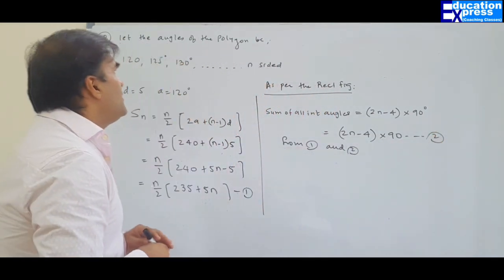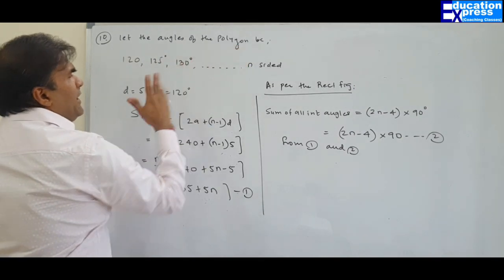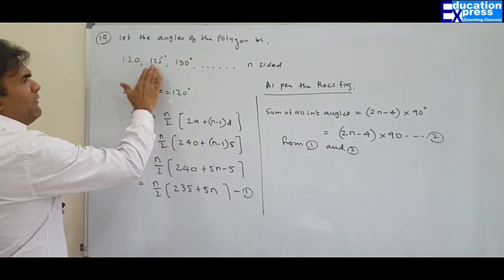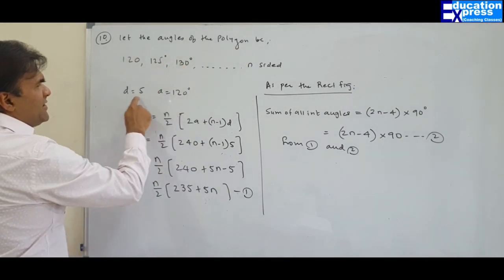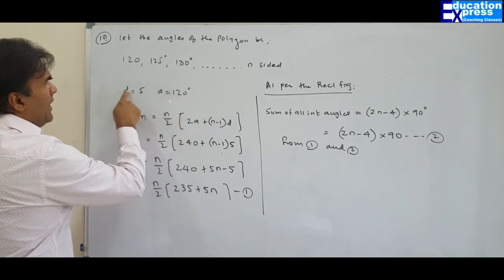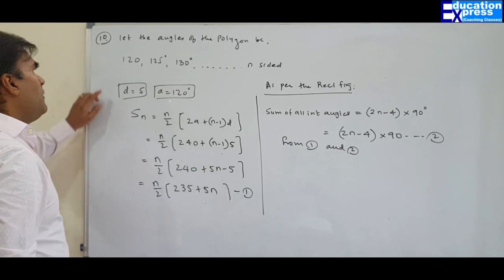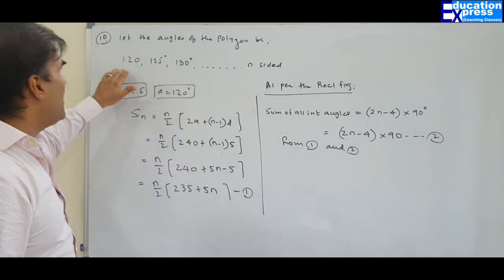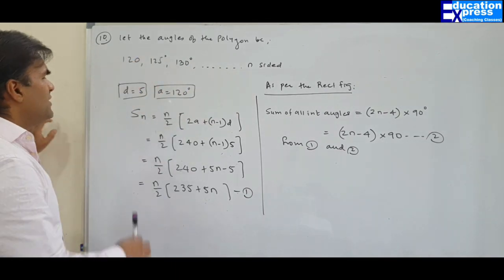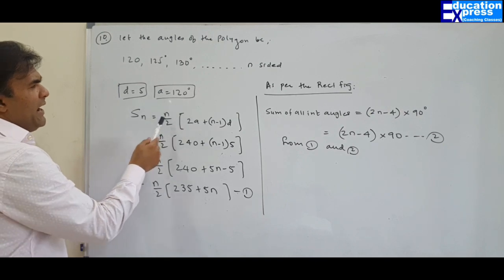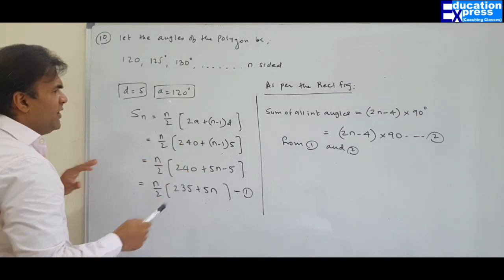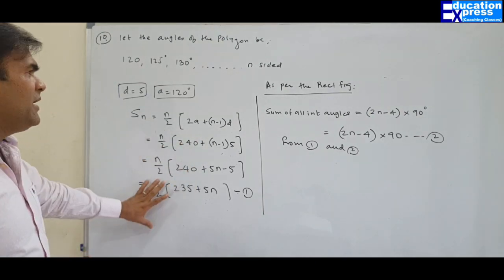See my dear friends, the angles of the polygon are in AP. 120, 125, 130. A is 120 and d is 5, second term minus the first term. So what would be the sum of all the angles of the polygon? The sum as per my AP is n upon 2 times (2a plus (n minus 1) into d). So I found the sum of all the angles.